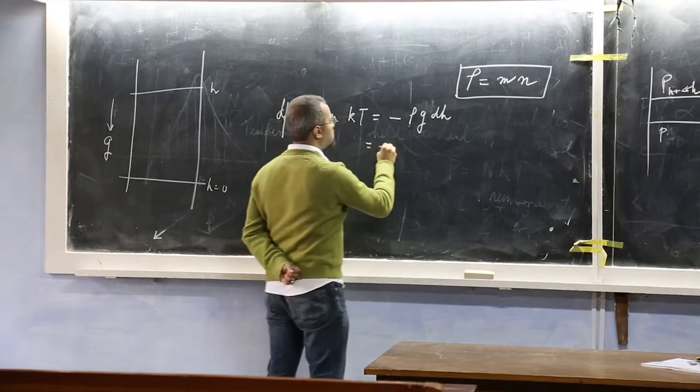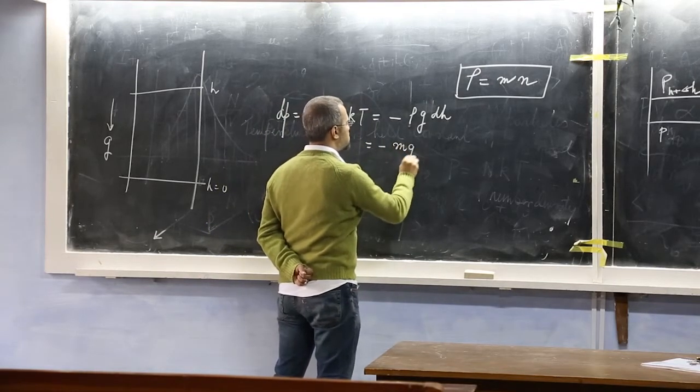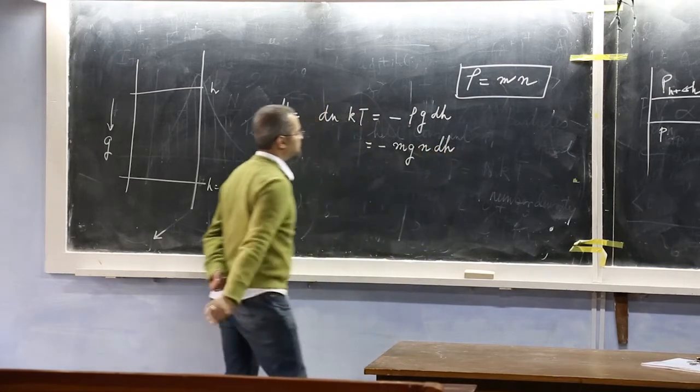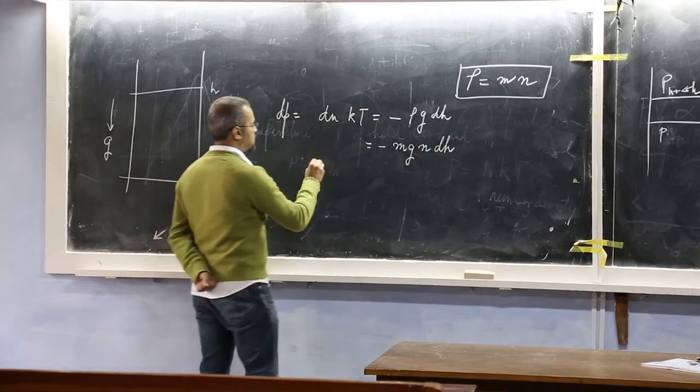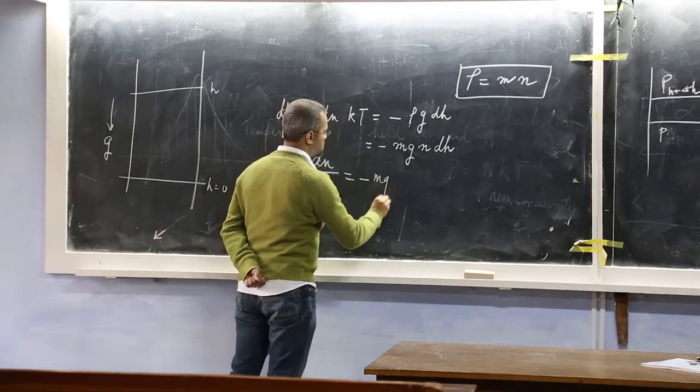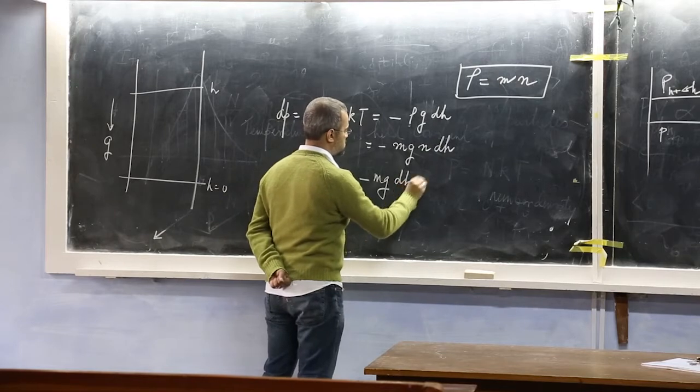So here you have minus mg n dh, and thereby you have dn by n equals minus mg dh by kT.